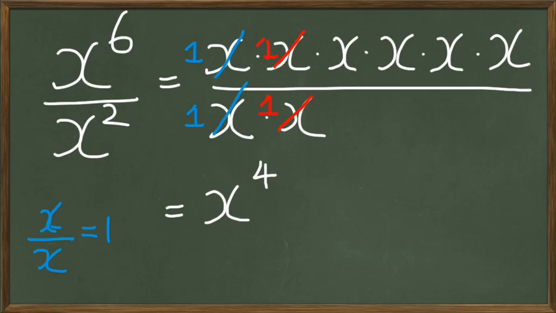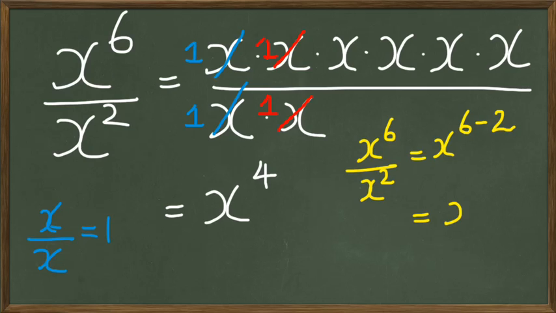The shortcut method, of course, is when you have x to the power of 6 divided by x to the power of 2, it is simply x to the power of 6 minus 2, which equals x to the power of 4, which is the same thing as what we got here.